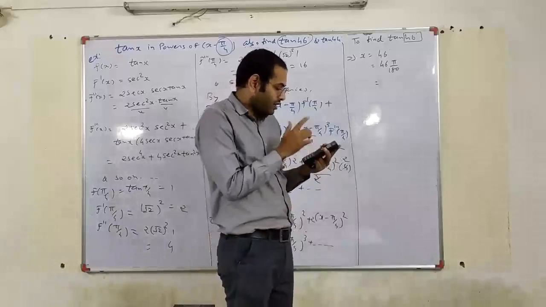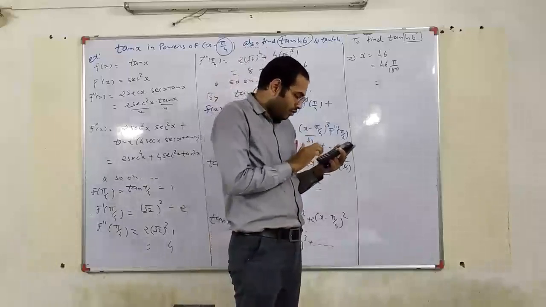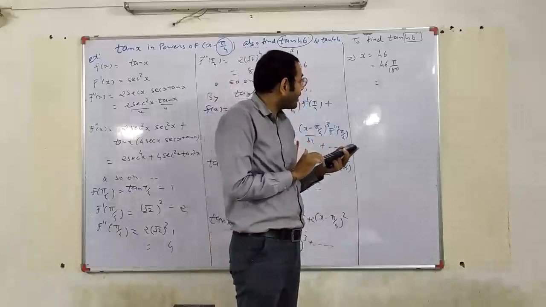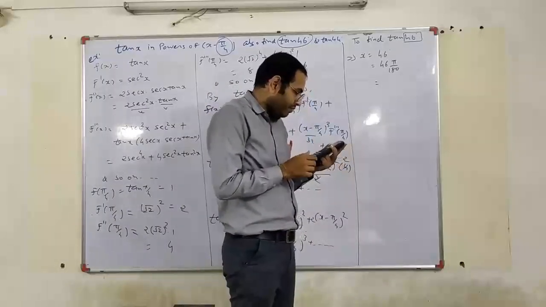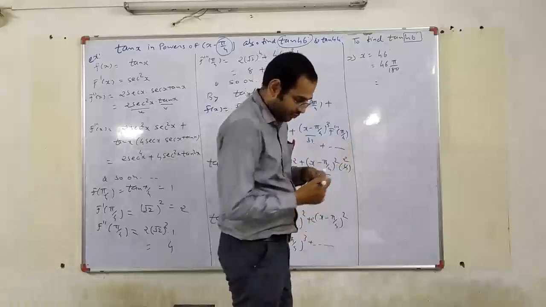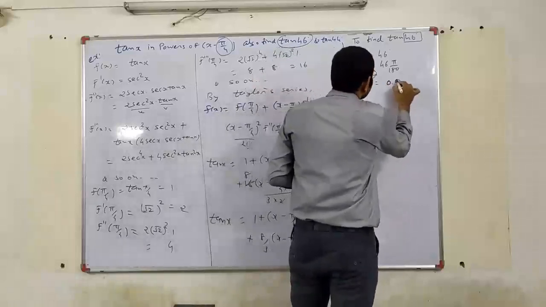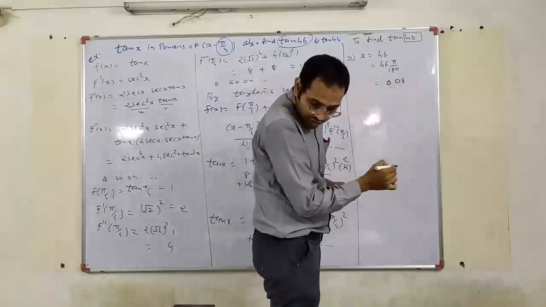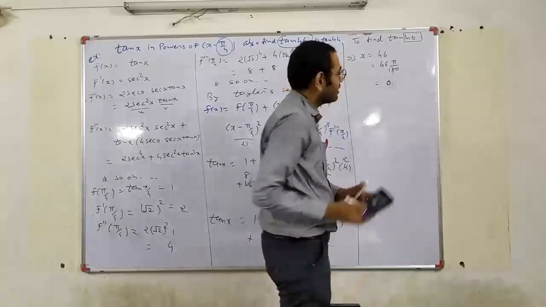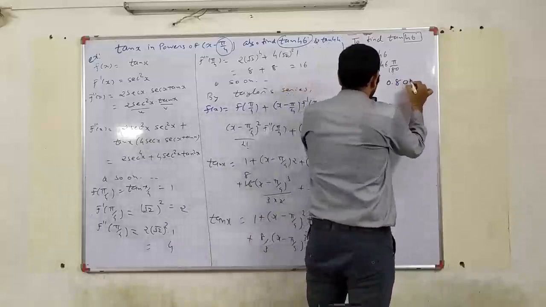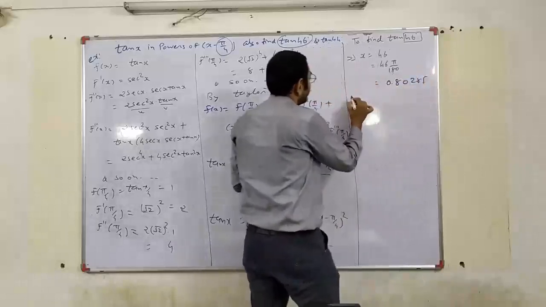Then convert this calculation 46 into pi divided by 180, and we get 0.80285.